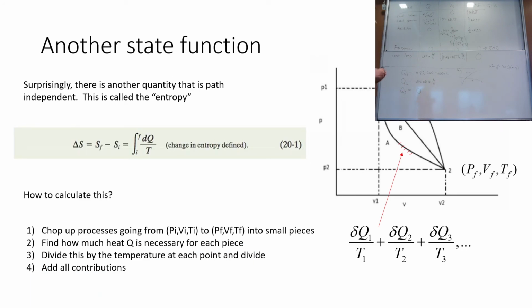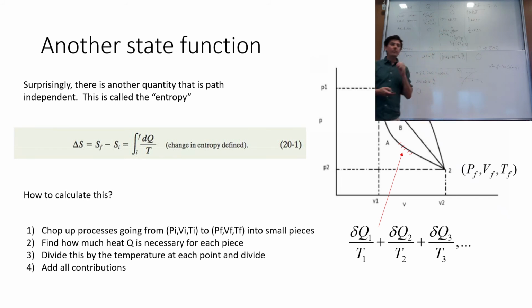Now, it turns out that there's another quantity that people were a bit surprised about, and it's also independent of the path. It doesn't matter what path you took, A, B, or C, you'll always get the same answer, right?